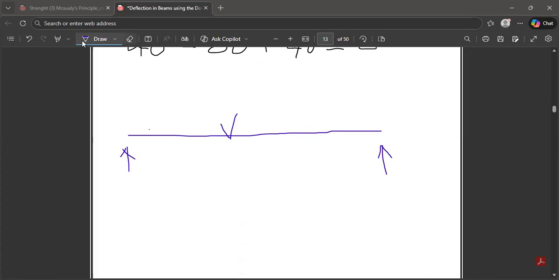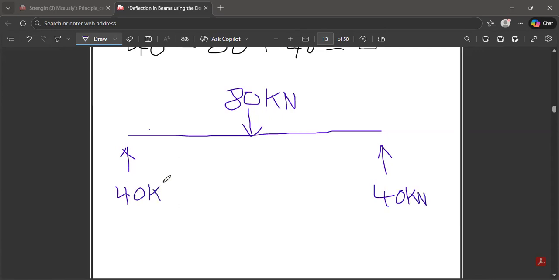So our load at midspan, which we know was 80 kilonewton. We know that this is 40 and this is also 40 kilonewton. This is our point A, B, and C.